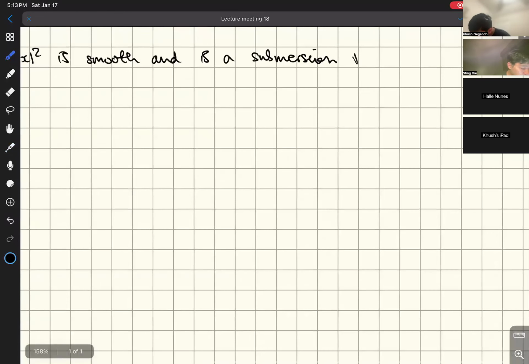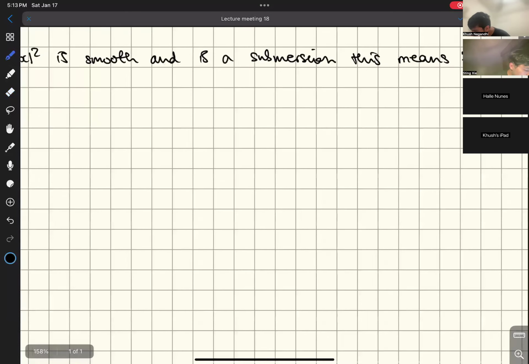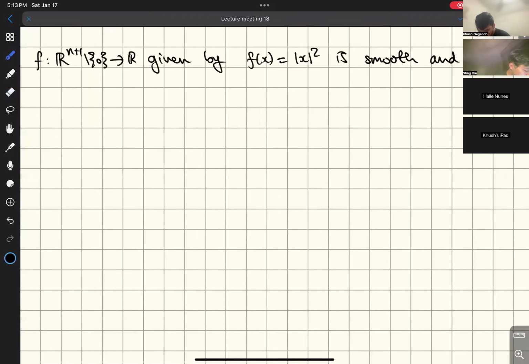This means for all r in its range, which is actually r bigger than zero, we have S^n of r, which is f inverse of r, is a smooth submanifold.